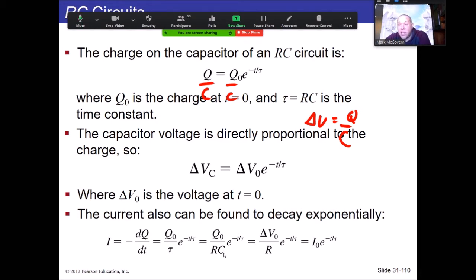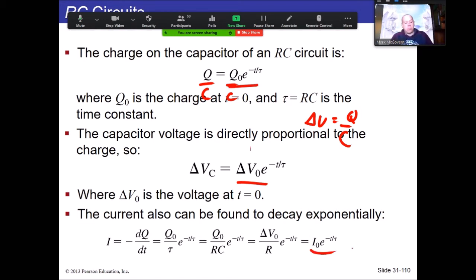Q naught over C is the initial voltage, and delta V over R is, from Ohm's law, the initial current. So now we have these three relationships that all look identical to each other. They pretty much are.